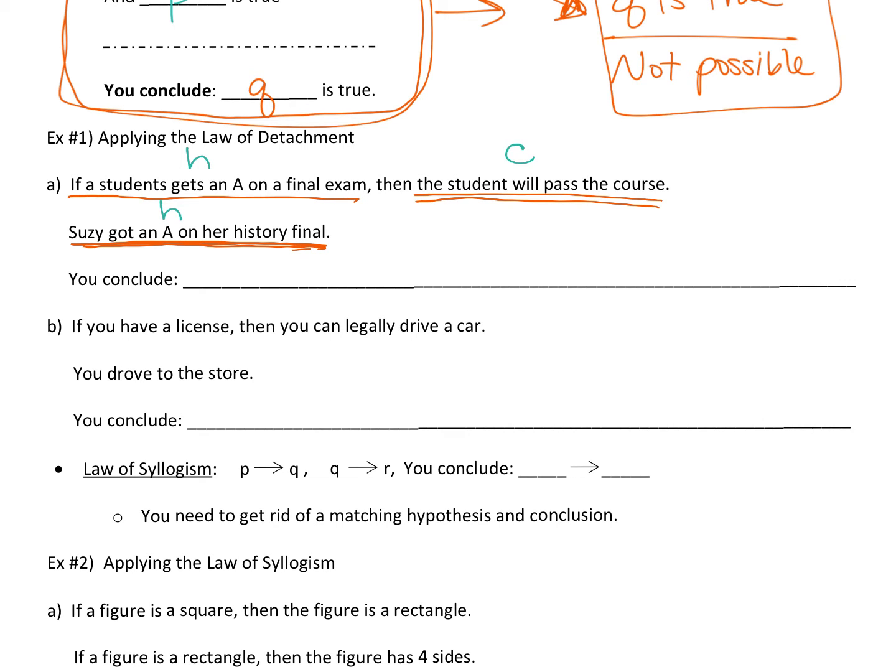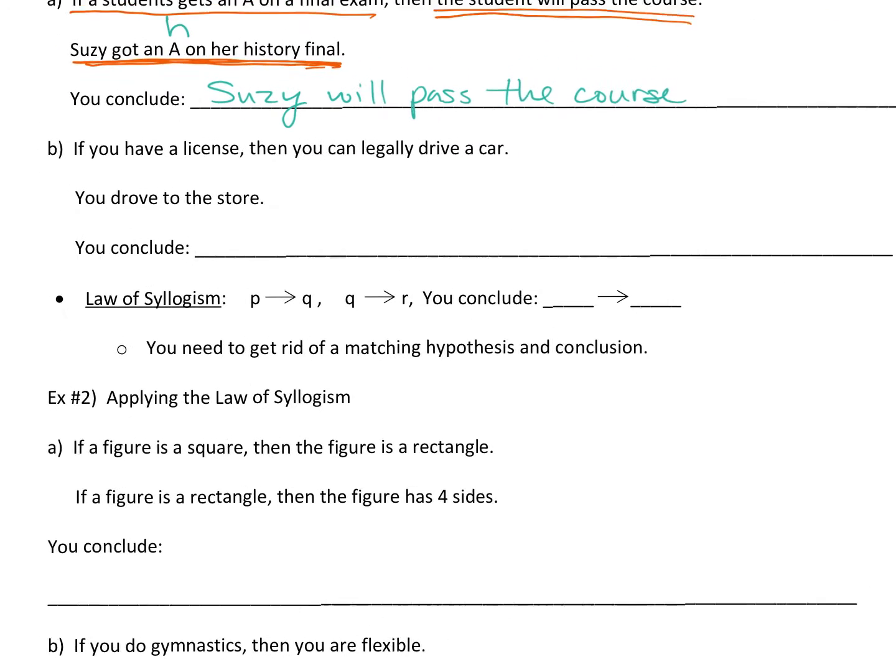Susie passes the course, right? Does that make sense? So you have your hypothesis and conclusion. That statement is true. Then we say the hypothesis part of it is true. You conclude the conclusion is true. Okay?